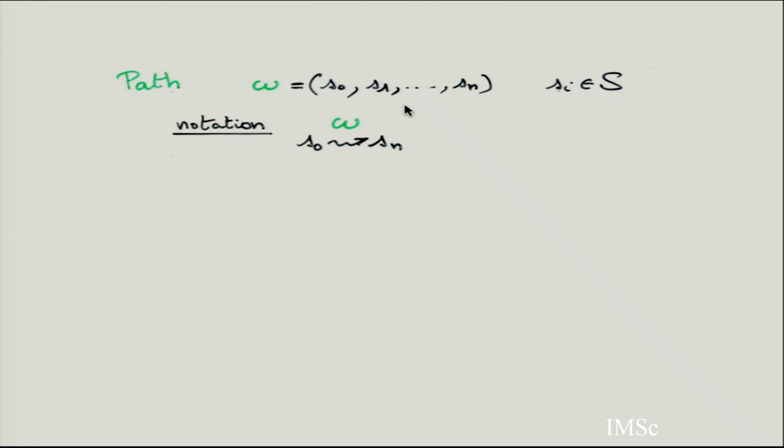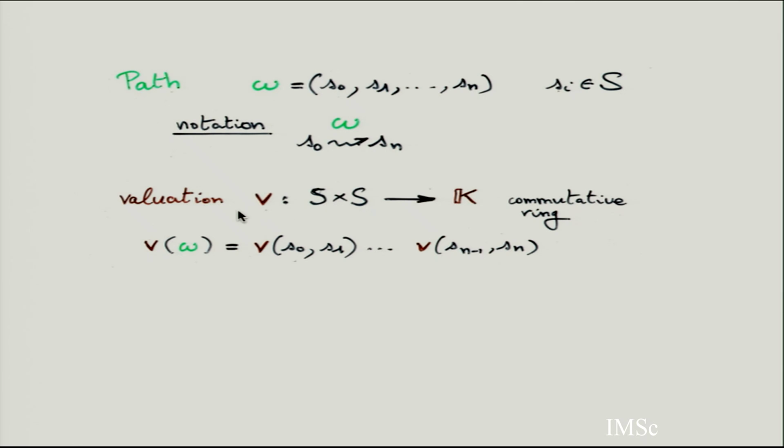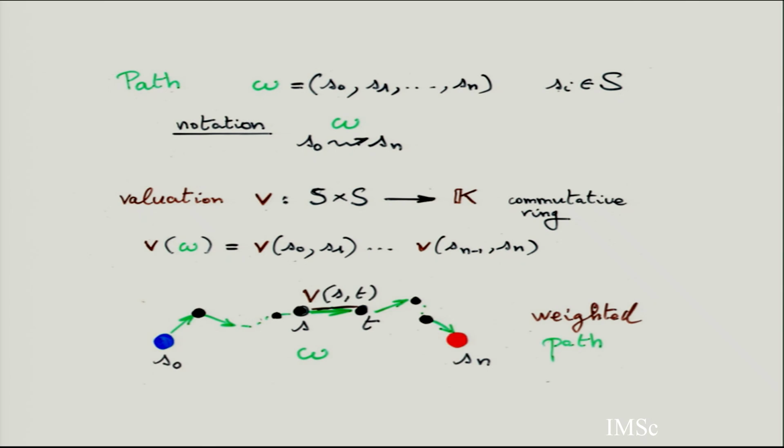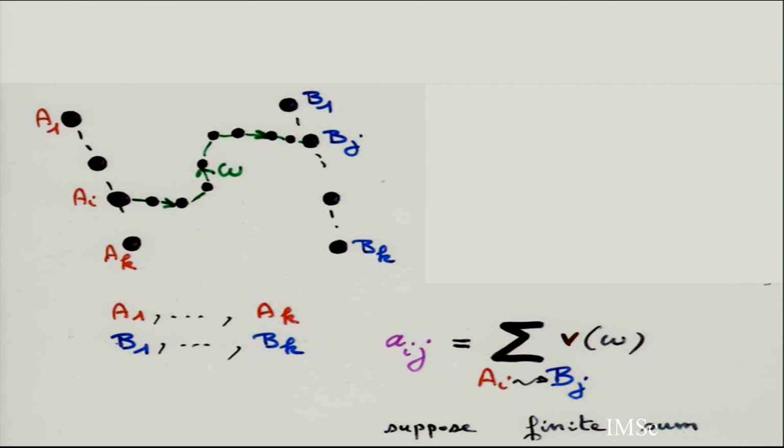So a path goes from a vertex in the set of vertices S. I have a weight of the path, which is the product of the weights of the elementary steps. Then you fix some starting points A1, A2, ..., AK and ending points B1, B2, ..., BK, and for I and J, I am taking all the paths going from AI to BJ.